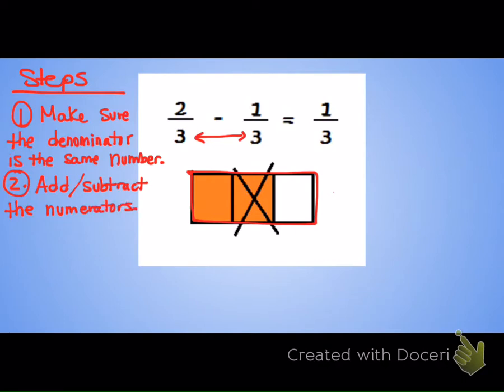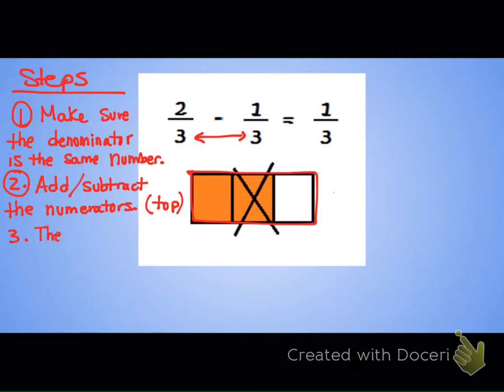So that is our top numbers. Remember, our numerator, that is the top number. And finally, in our answer, so either in our difference or when we add and find our sum, our denominator is going to stay the same.